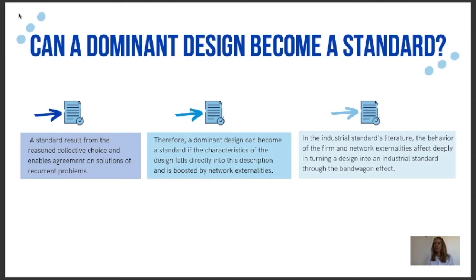Therefore, a dominant design can become a standard, yes, if the design characteristics meet exactly this classification and description, and is boosted by network externalities. Also to mention is that research shows that the bandwagon effect and network externalities strongly influence the behavior of firms in turning a design into an industrial standard.